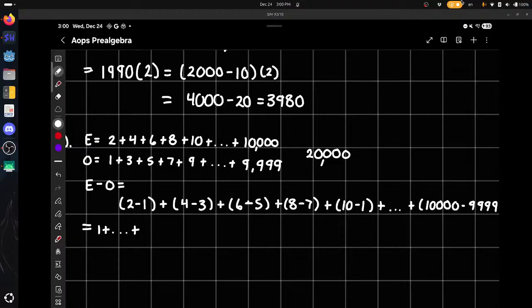And I'm not too sure if this odd number ends at 9,999 or 10,001. And I don't know how to double check that without counting all the numbers.